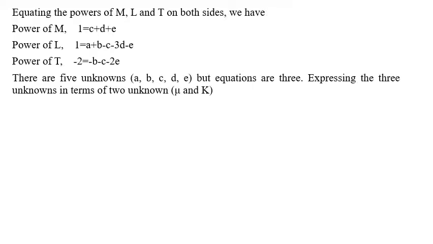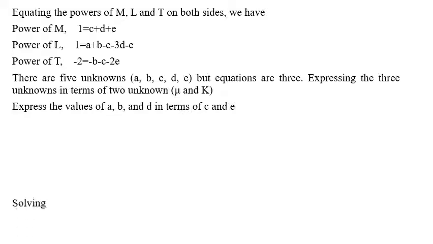So there are 5 unknowns a, b, c, d and e, but equations are 3. So now expressing these 3 unknowns in terms of 2 unknowns. So the 2 unknowns are c as well as e. Express the values of a, b and d in terms of c and e now.